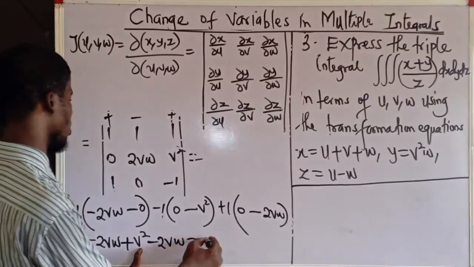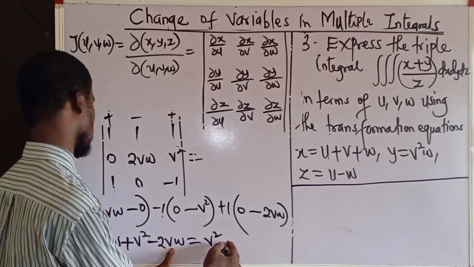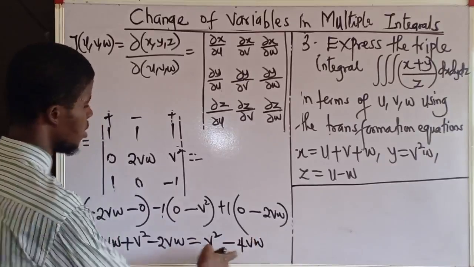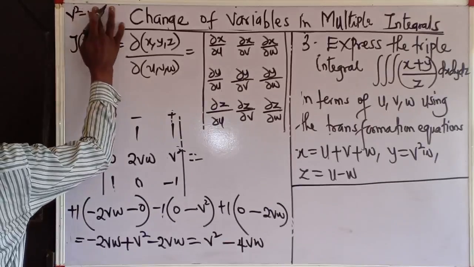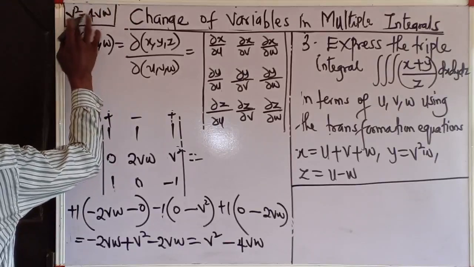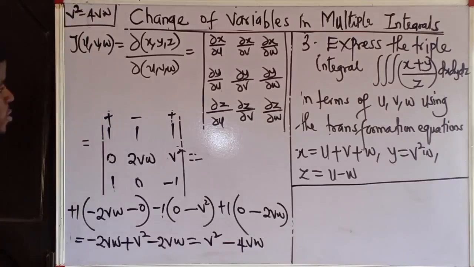So we have v squared minus 2vw minus 2vw, which is actually minus 4vw. Let's keep this somewhere. v squared minus 4vw. That's the Jacobian determinant. We're going to make use of it.